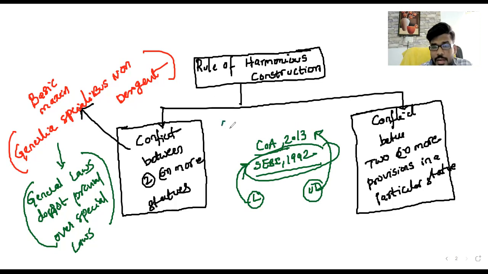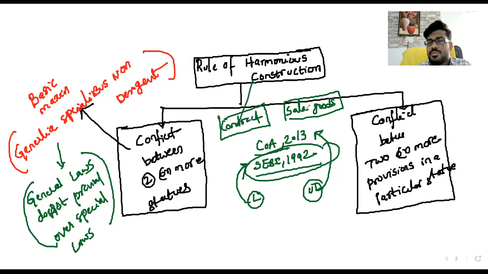Suppose the Contract Act is there and the Sale of Goods Act is there. Sale of goods is also one type of contract, or not? Then which is applicable, the Contract Act or the Sale of Goods Act? There is a general law and a special law, so you should give more importance to the special law, not the general law. Whenever there is a conflict between two or more statutes, you give more importance to the special statute, not the general statute.